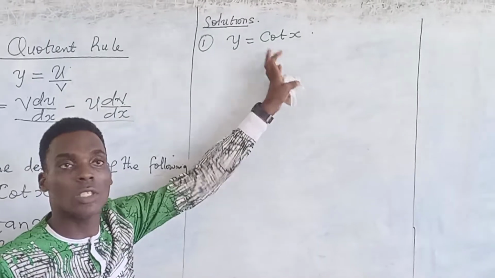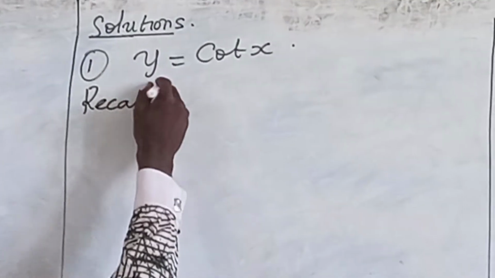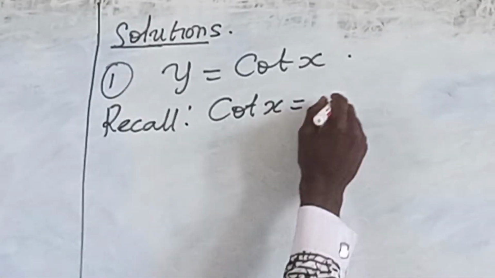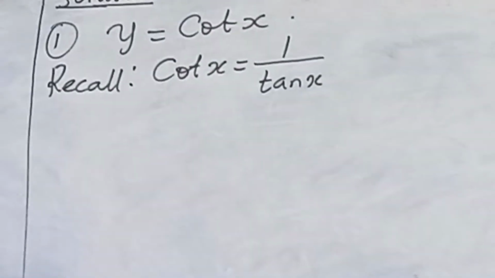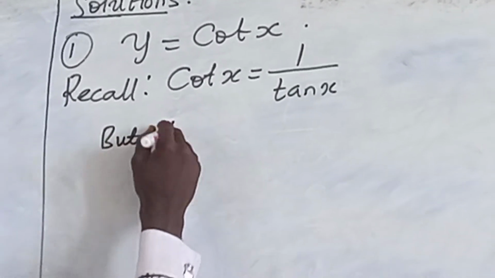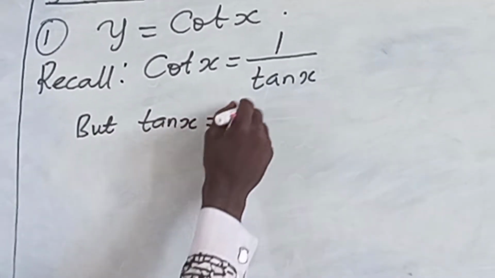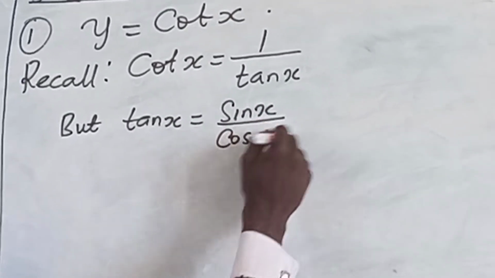We recall from our knowledge of trig identities that cot x is equal to 1 over tan x. But also we know that tan x is equal to sin x over cos x.